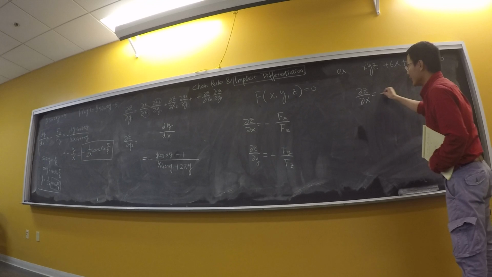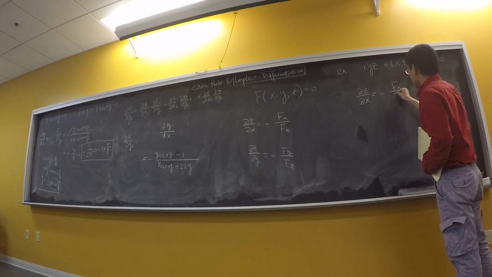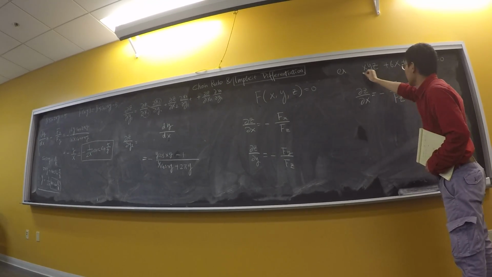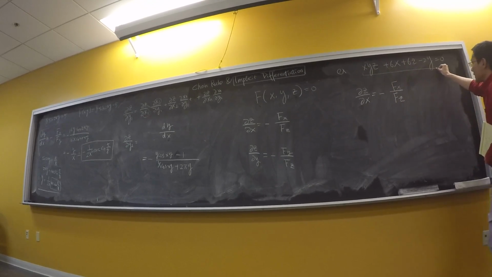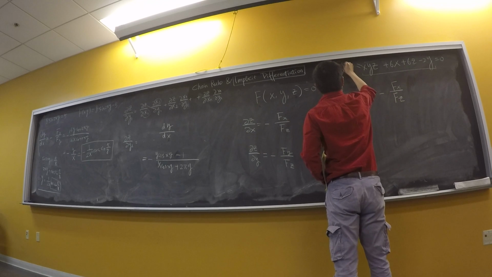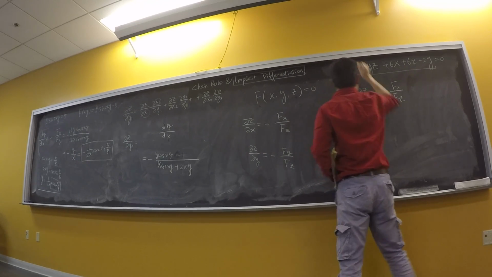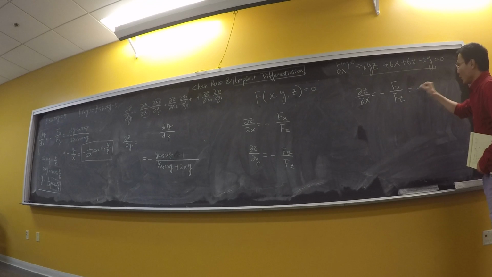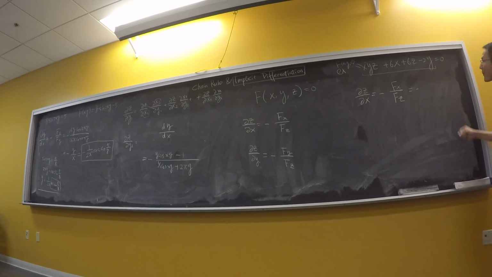So this is going to be minus f_x divided by f_z. So we can simply denote this whole left-hand side of the equation to be our capital F. Okay. So what is f_x? yz + 6. And f_z is equal to xy + 6. Okay, so this is our partial z, partial x.